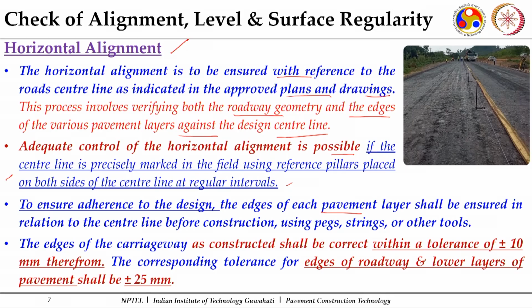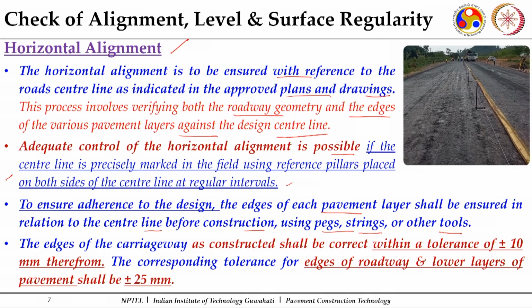So this needs to be verified from your cross section and then checked with your surface levels at those layers. It says that to ensure adherence to the design, the edges of each pavement layer shall be ensured in relation to the center line before construction, and for this you can put pegs, strings, or any other tools can be used.